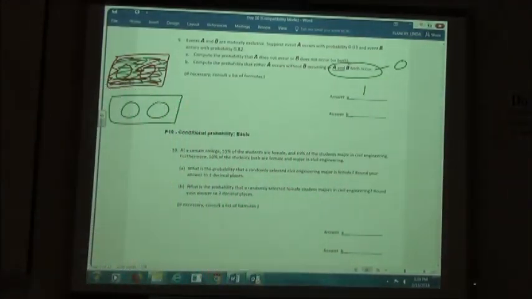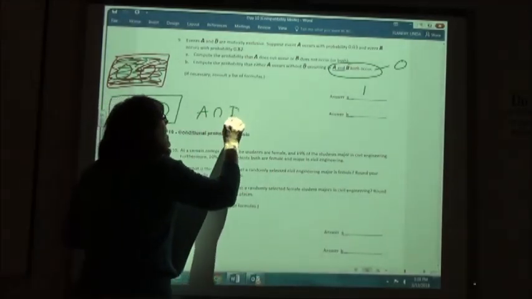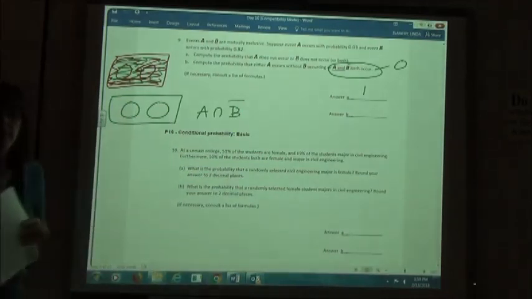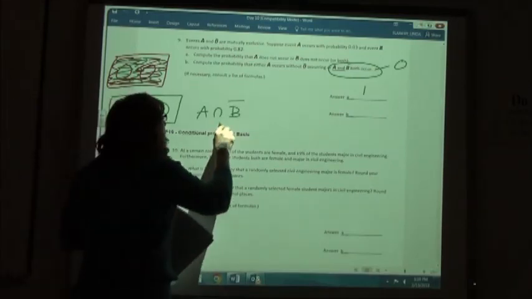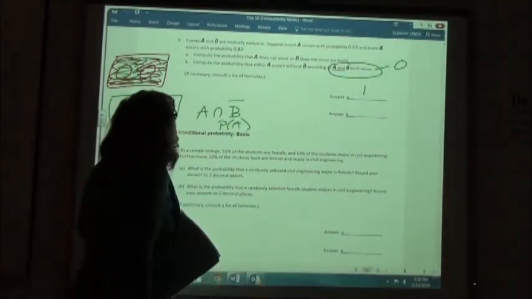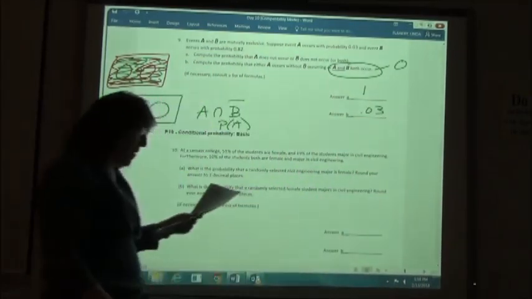So really I'm just going to compute that first one. I'm going to compute the probability that A occurs without B occurring. So this is where we started with when I had A and not B. I just computed the probability of the A, right? Probability of A happening is 0.03.